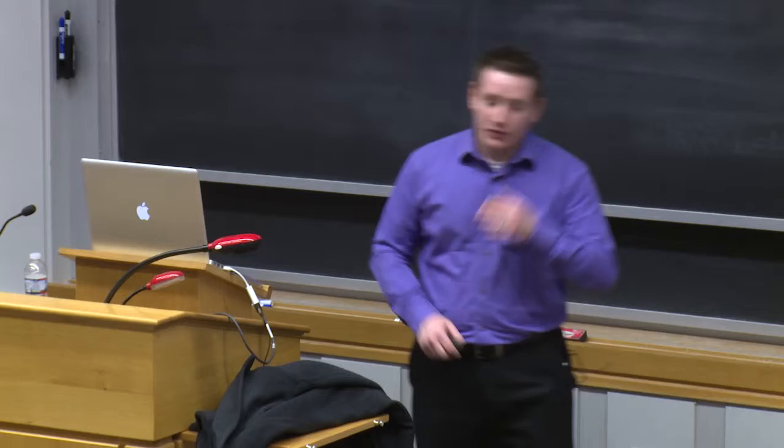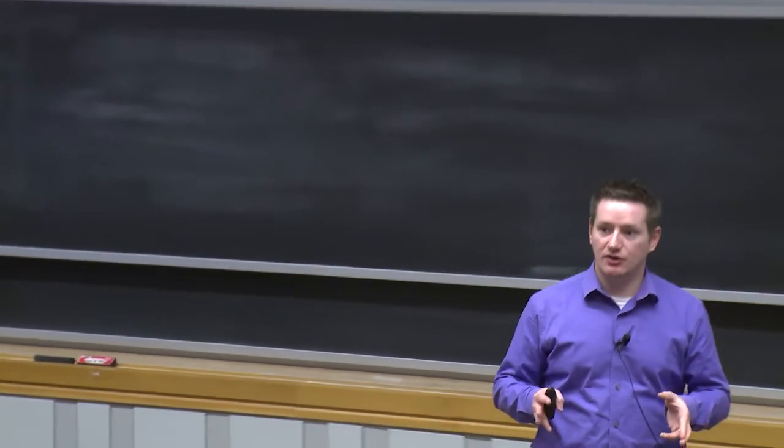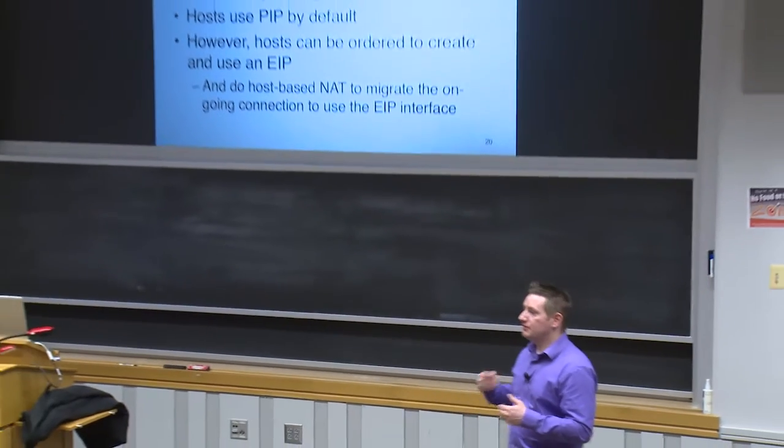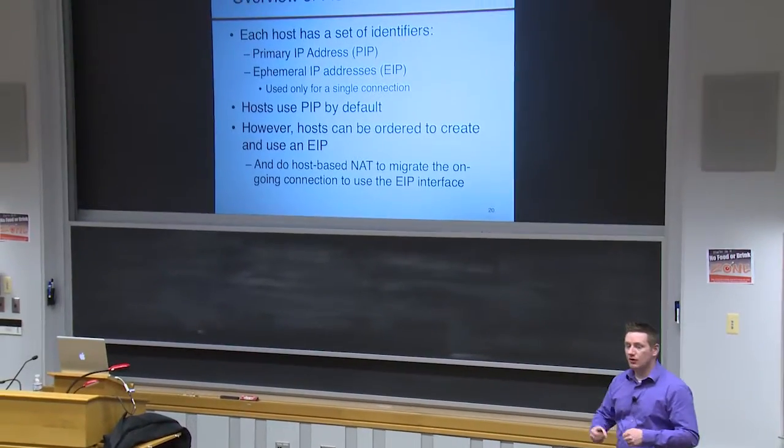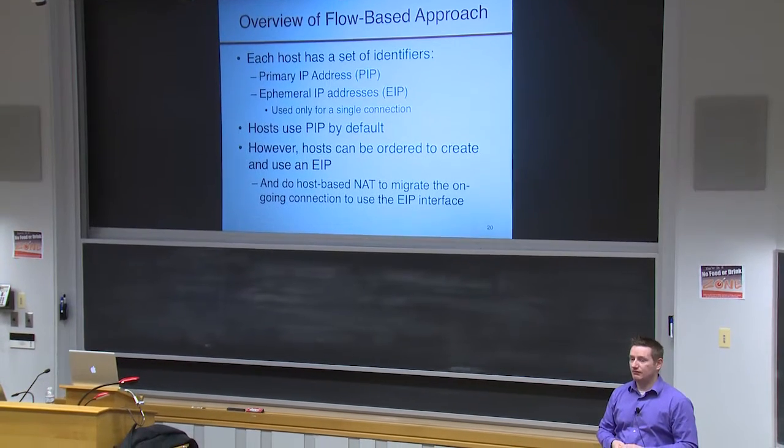So the way we do this is that we have two sets of IP addresses for hosts. The first is going to be a persistent IP address, and that's going to be the one that has this default route up through the router, and it's in its micro subnet by itself.